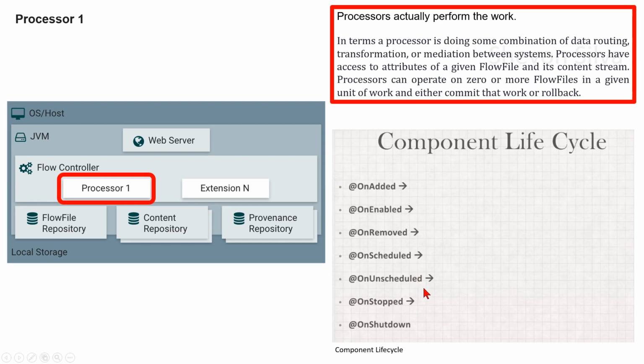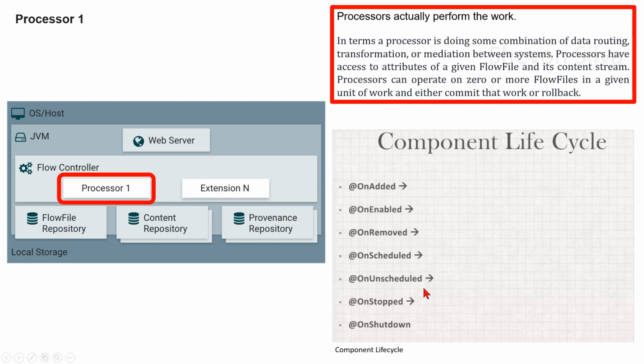@OnUnscheduled. A method with this annotation will be called whenever a processor or reporting task is no longer scheduled to run. At that time, many threads may still be active in the processor's onTrigger method. If such a method throws an exception, a log message will be generated and the exception will be otherwise ignored, and other methods with this annotation will still be invoked.